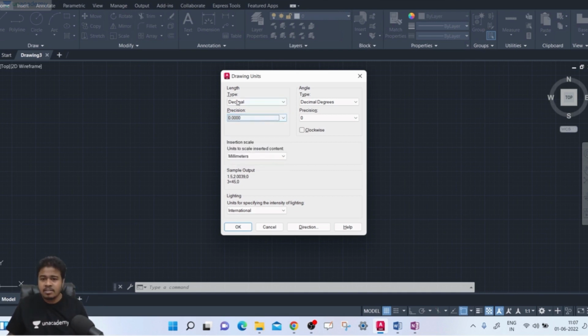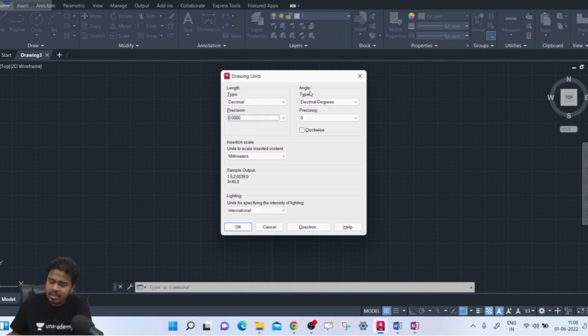So this is for the length type. Suppose I want to draw a line of length 100 mm. For that length, I am setting this precision. Now this is for the angle.